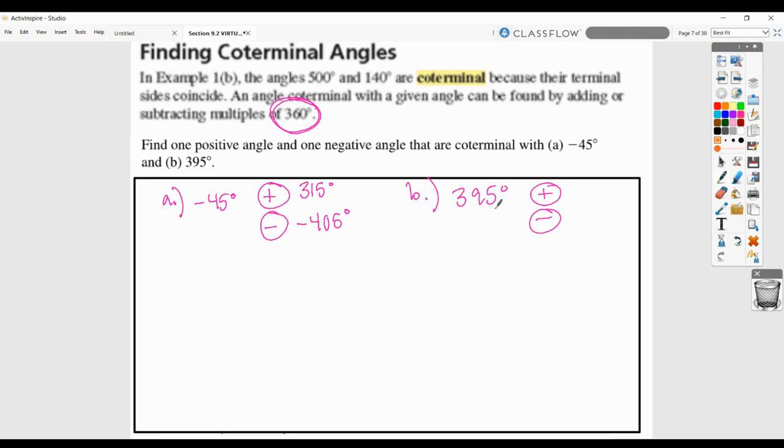So I'm going to take 395 and subtract 360, just because I know that's still going to be positive, and it's 35 degrees. Okay, so how do I find a negative coterminal? Take 35 degrees and subtract 360. It's all relative to 360 degrees. Okay, adding and subtracting it.